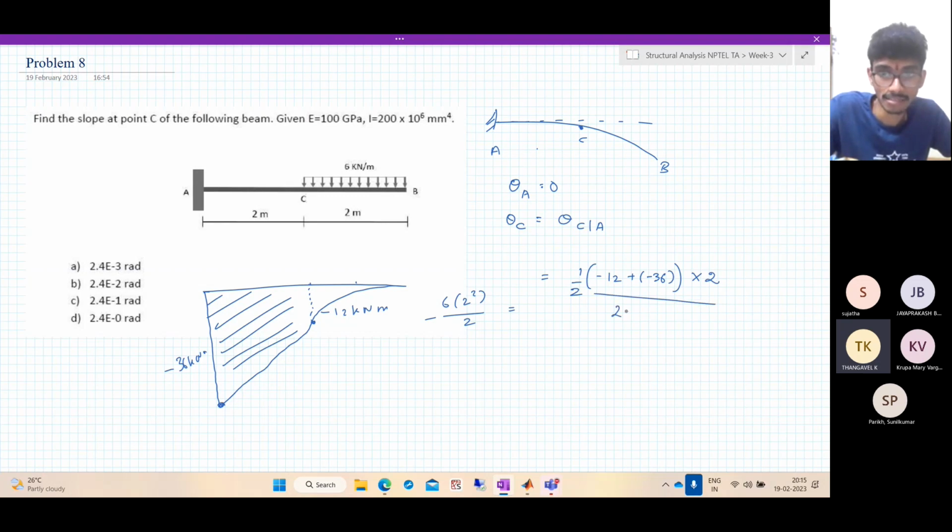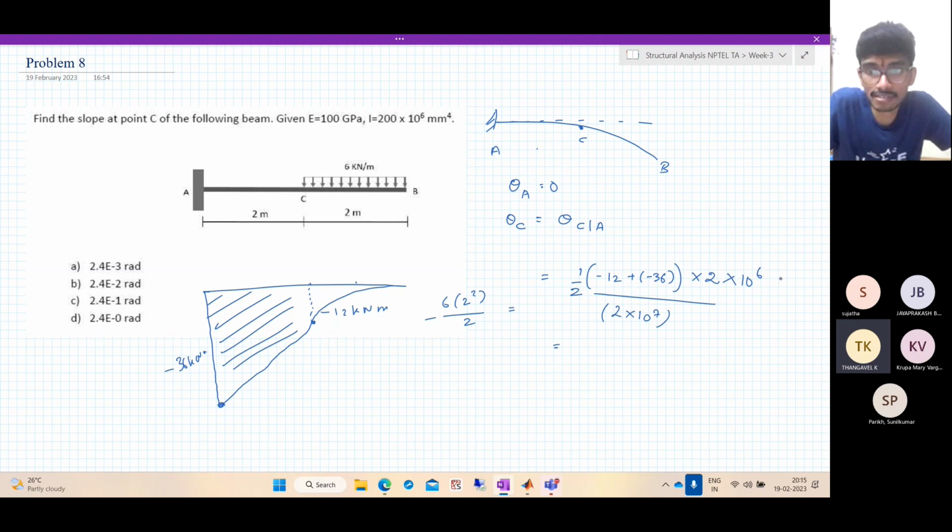So what is EI? EI is 2 into 10 power 7. This is in kilonewton meters, so you need to convert it to newton meters.